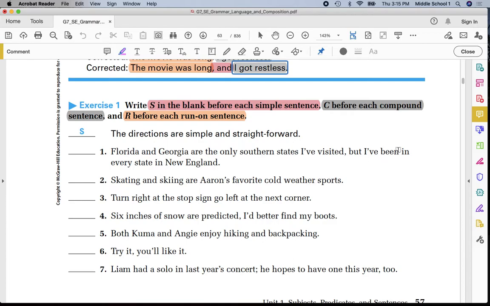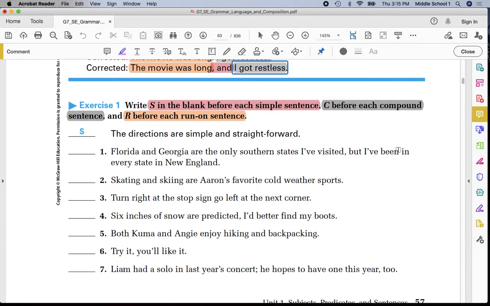1. Florida and Georgia are the only southern states I visited, but I've been in every state in New England. Compound. Why? Because it has a comma and a conjunction joining together two simple sentences. 2. Skating and skiing are Aaron's favorite cold weather sports. Simple.